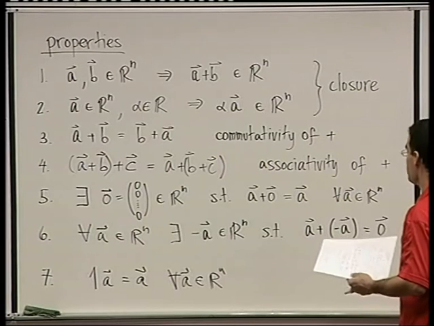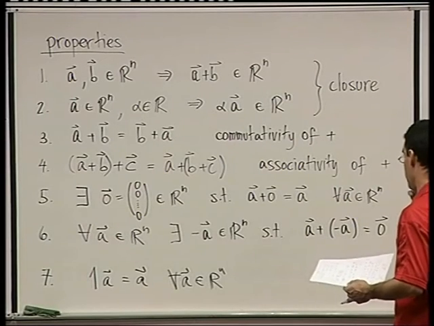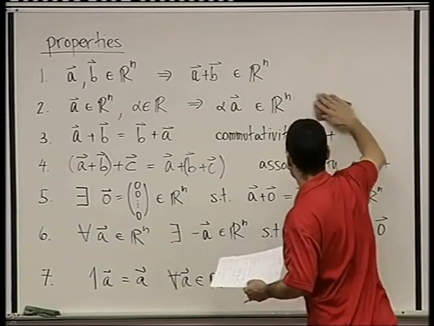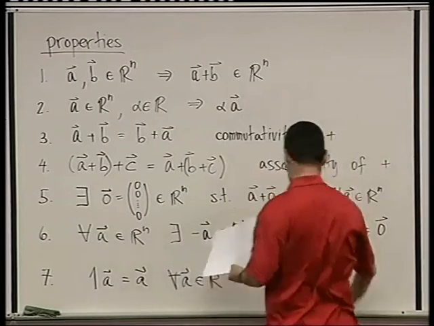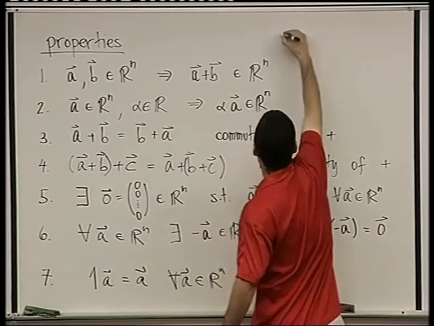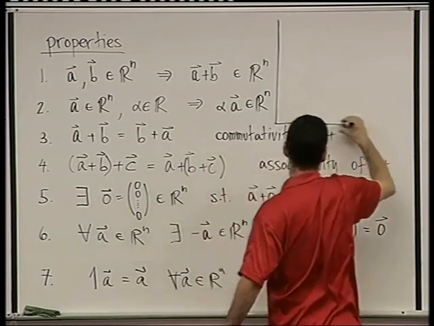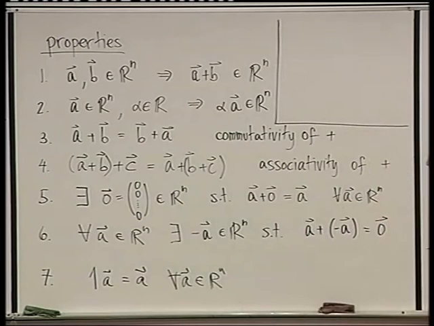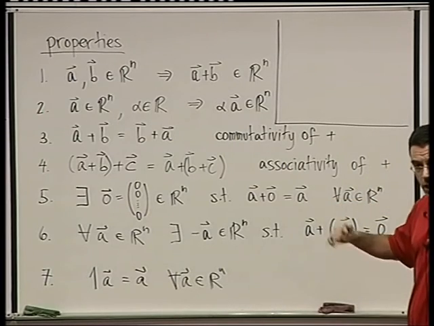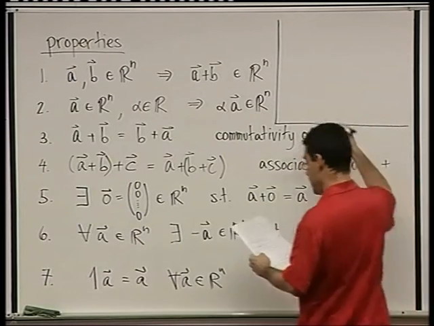And now 3 more properties, which I really, really want to fit on this board, and I'm going to do it. So I'm going to erase here and erase here a bit and make room here for 3 more properties, which all involve the scalar multiplication and the addition.